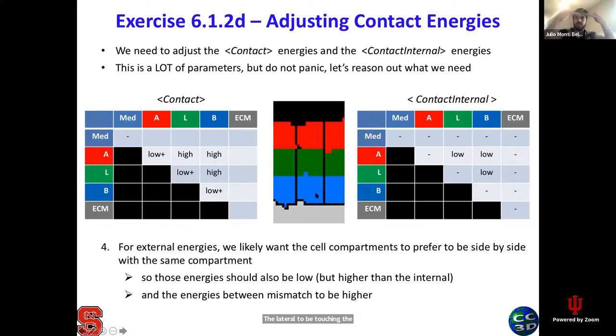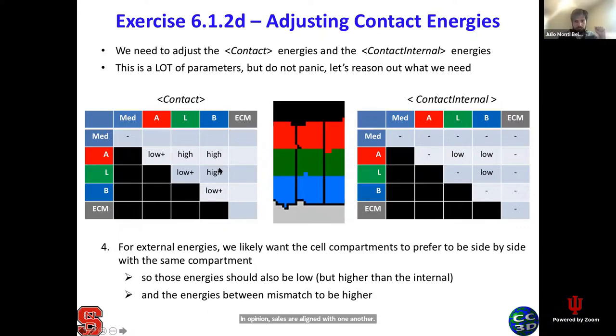We want to enforce alignment. So in this case, you may make the case that these energies should be high, okay? So this together with this will enforce the alignment of our epithelium, and epithelium cells are aligned with one another. So you choose them to be higher.